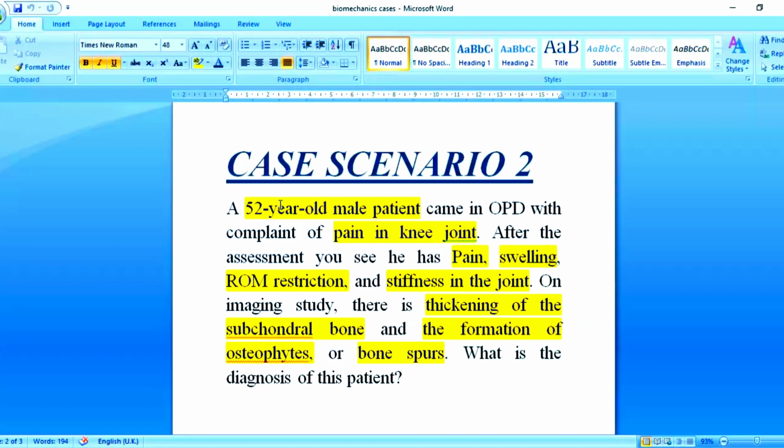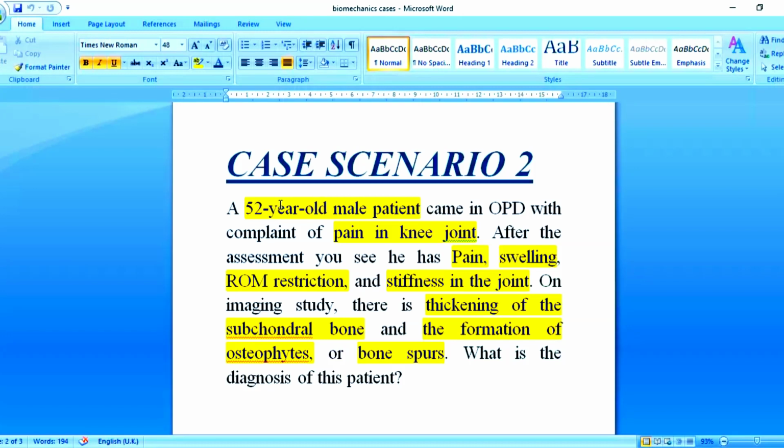And ROM restriction: ranges are restricted majorly in the knee joint, but sometimes it can spread to the hip, and sometimes involve the ankle joint, but here you can majorly discuss the restriction of the knee joint. And the third one is the stiffness in the joint.